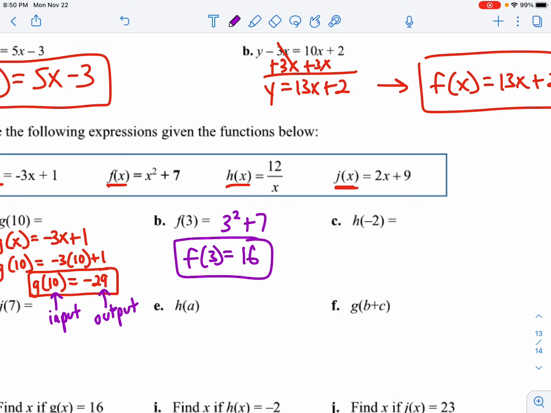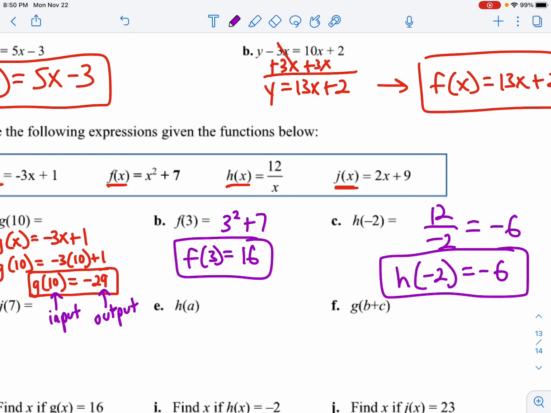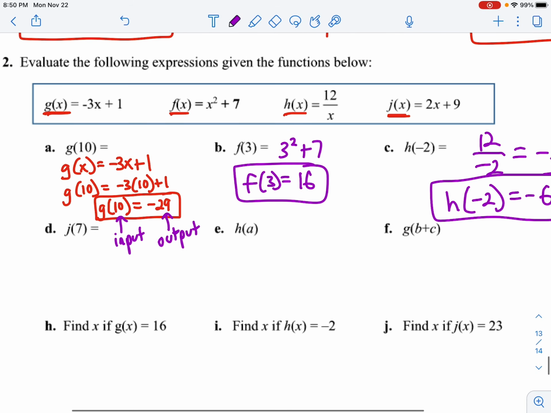So 12 over negative 2 is negative 6. So you'd write h of negative 2 equals negative 6. That's how you do all these. J of 7 should be 2 times 7 plus 9, which is 14 plus 9, which is 23 for this one.